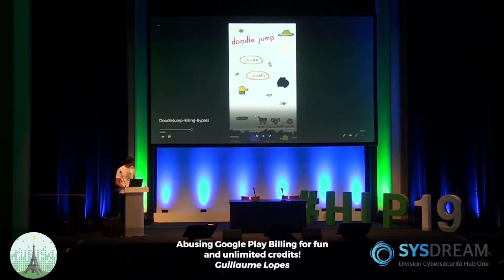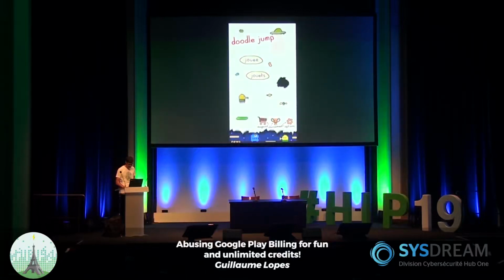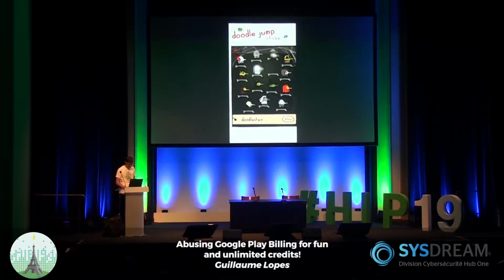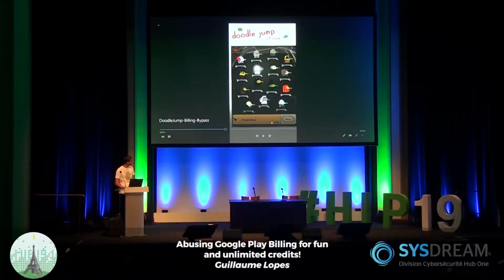If you look here, you have the magasin, which is a shop in English. You can select a character. The first ones are free, but for this one, you need 1,000 candies to play with it. And you can see I have 0 candies at the moment.